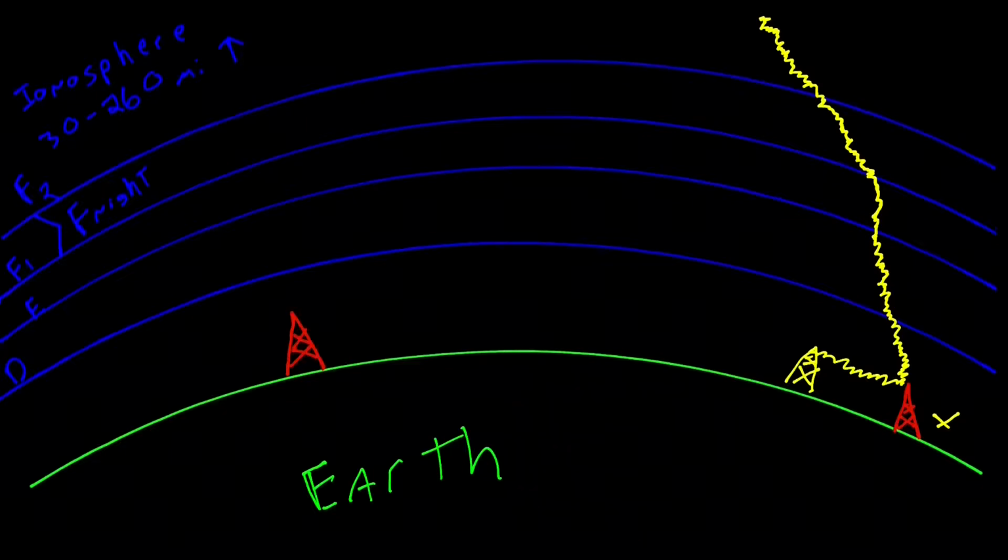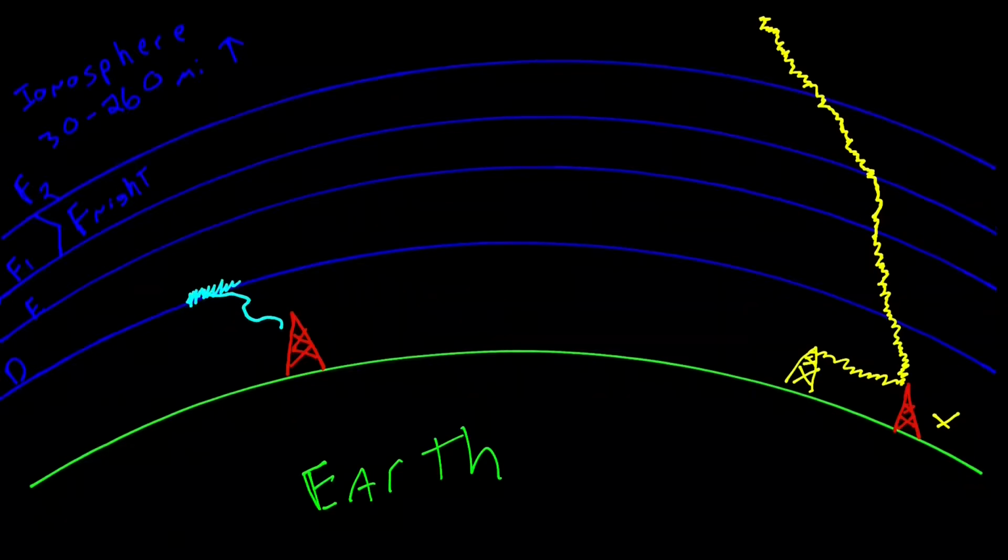So for HF communication, let's pretend this red tower on the left is transmitting at night, and let's say he or she is transmitting on 160 to 80 meters. So they're transmitting out their long waves. Well, actually, let's do the daytime.